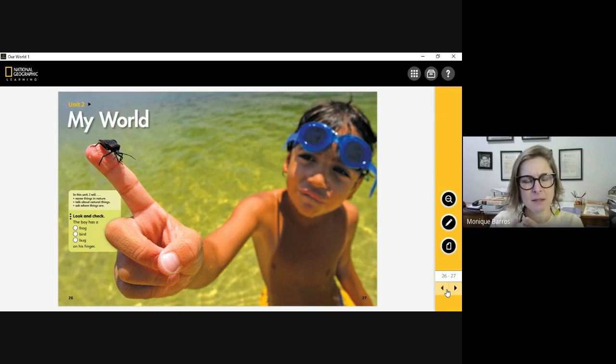And then we studied the parts of their bodies, the names. We completed this worksheet. We went outside to see if we could find some insects, and we did. We found a few.